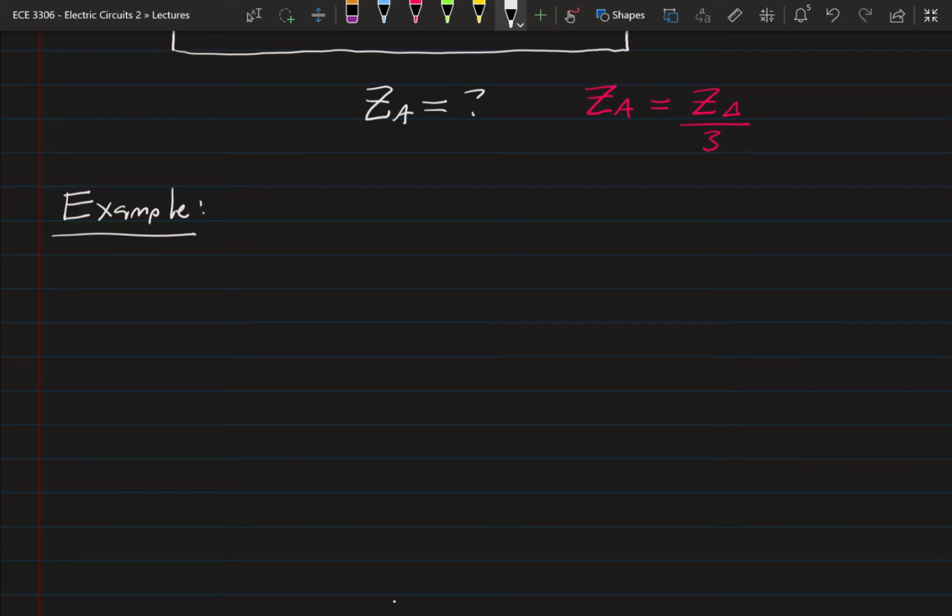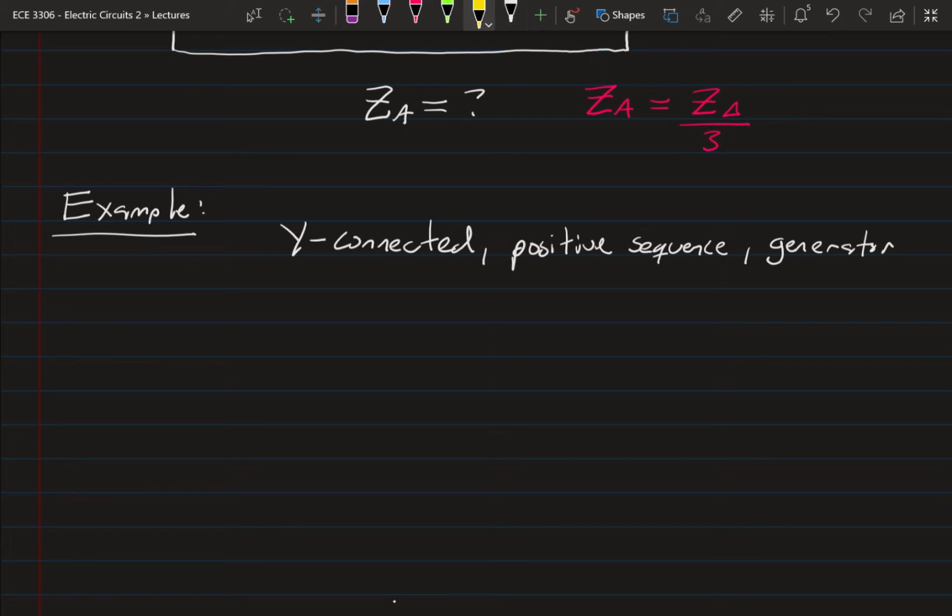So we've got a Y-connected generator, or specifically a Y-connected positive sequence generator. It's actually the same one from the example in the last lecture. It's got a VG equal to 120 at 0 degrees volts per phase.